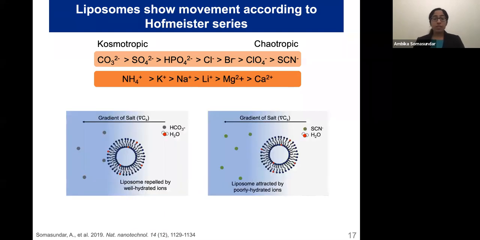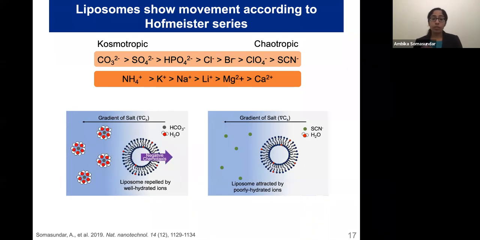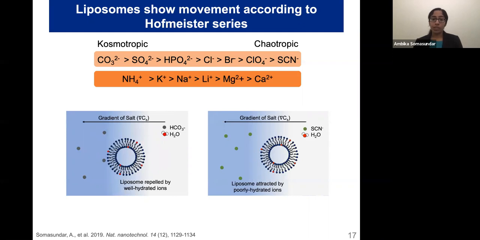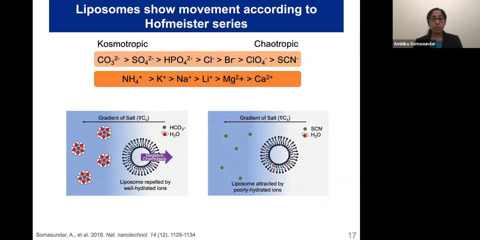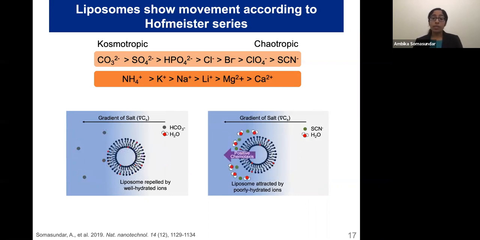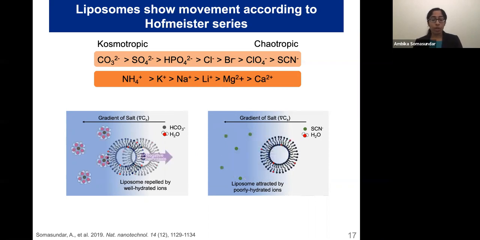The carbonate ions that are well hydrated are repelled or depleted from the lipid-water interface, while thiocyanate, which is less well hydrated, is enriched at the lipid-water interface.